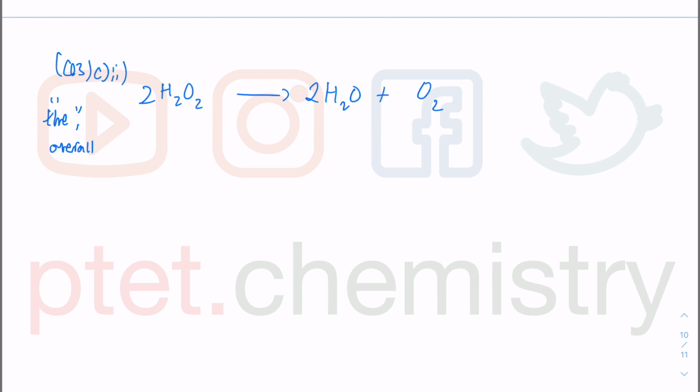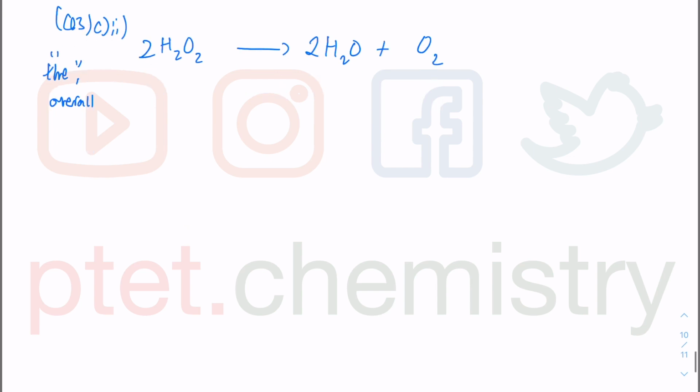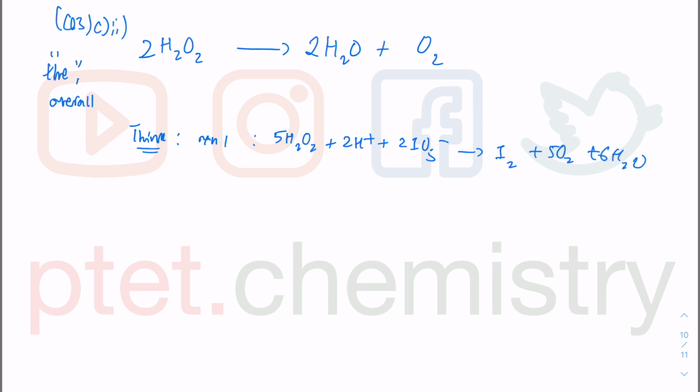If you want to think about how this reaction comes about, of course you can think about this without actually writing them down. So your reaction 1 is basically 5H2O2 plus 2H plus 2IO3 minus. Of course, we didn't write an equation for equation 1, but I'm just showing you what is happening here.